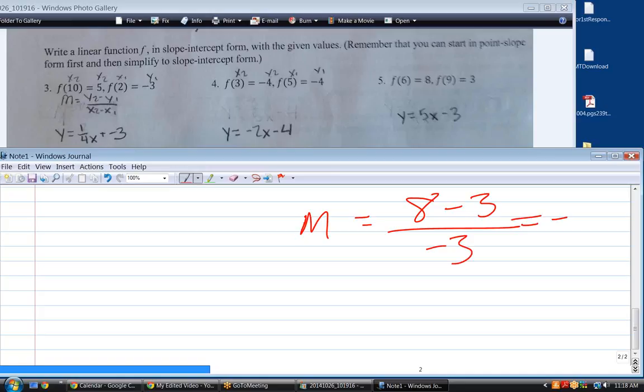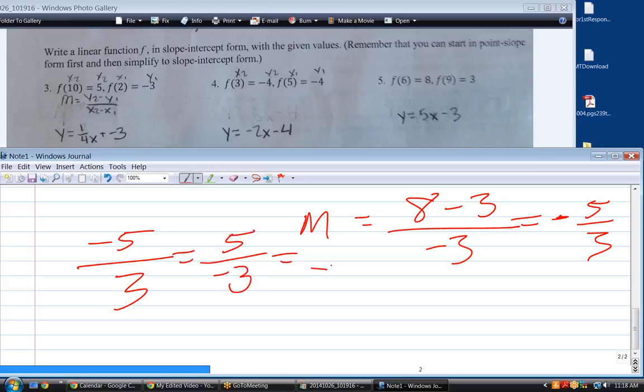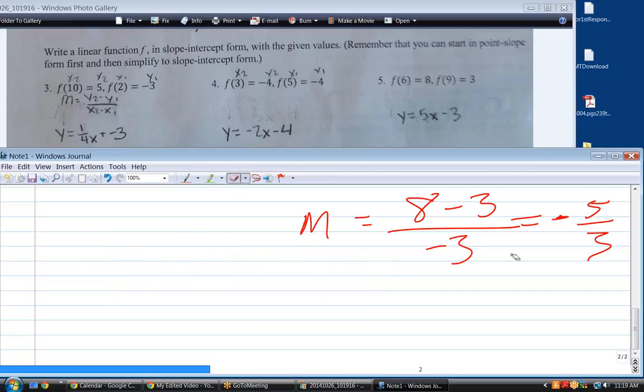So our slope is -5/3. Okay, and you're clear that this is exactly the same as this, which is exactly the same as that. So our slope's 5/3. Now what?